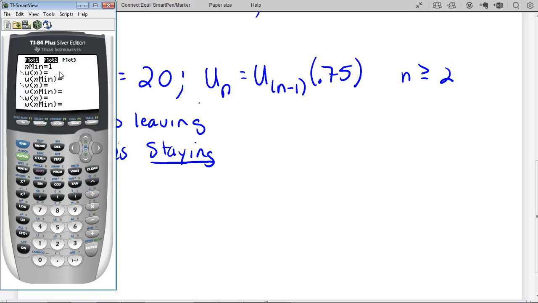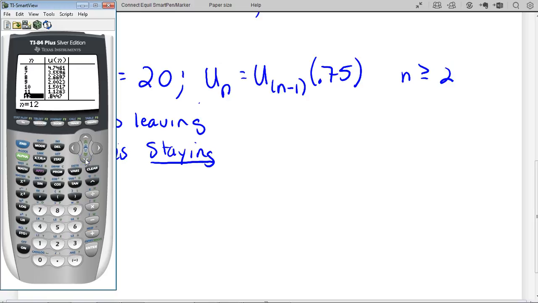So the explicit function was 20, the original 20 times 0.75 to the power of n minus 1. Okay, and I put that in there so that if you go second graph, which is the table now, I can see my days. So on the first day he takes it, he has 20, and then it's steadily decreasing, but what we're keeping track of is the 75% that he has left in his body.